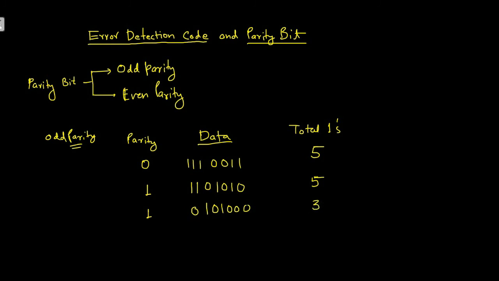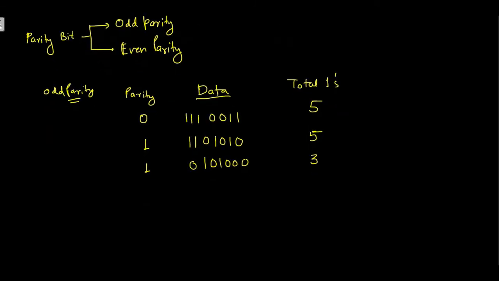Similarly, there are many examples. If this is the data which is to be transmitted, the total ones are 1, which means odd.